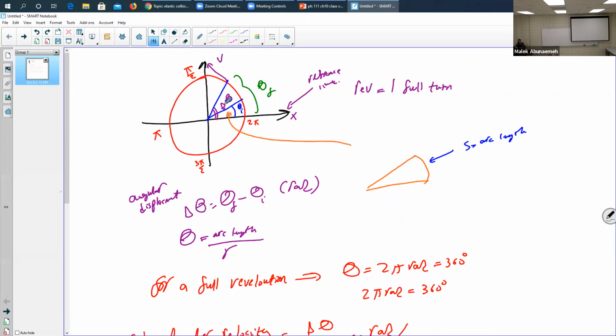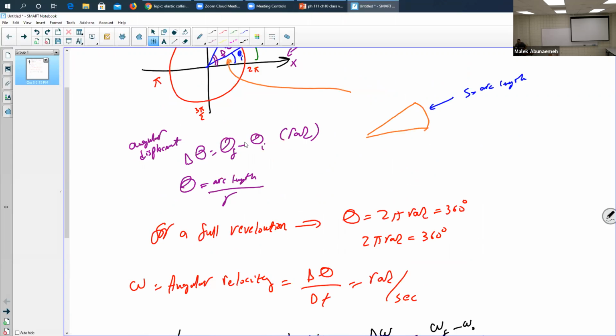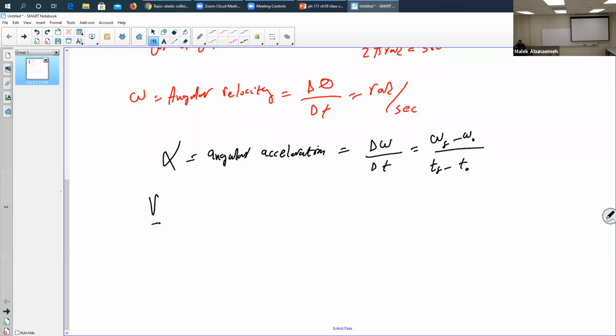Now, notice I have written a v over there. There's a velocity perpendicular to the radius. This velocity we're going to give a t for tangential velocity. So vt, your tangential velocity, equals your arc length s divided by t, which equals r theta over t.